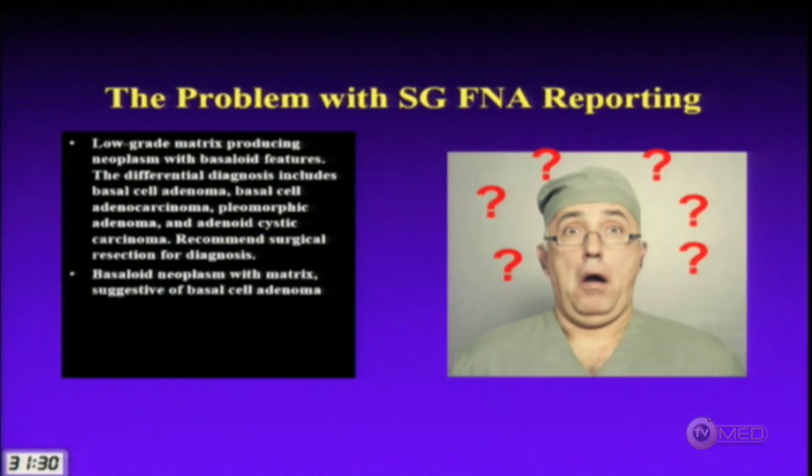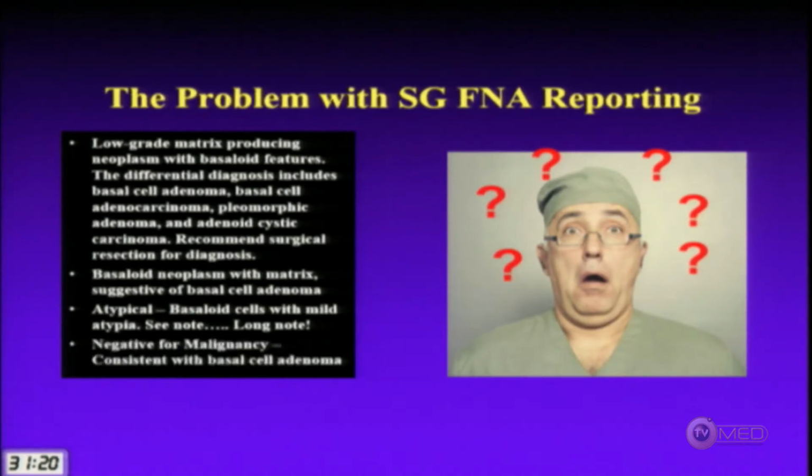What if we just call it basaloid neoplasm with matrix, suggestive of basal cell adenoma? Or we call it atypical, basaloid cells with mild atypia, and give a long note, a lot of verbiage that they're not even going to read? Or maybe you're convinced it's a basal cell adenoma and you call it negative for malignancy. In fact, it was actually a basal cell adenocarcinoma.